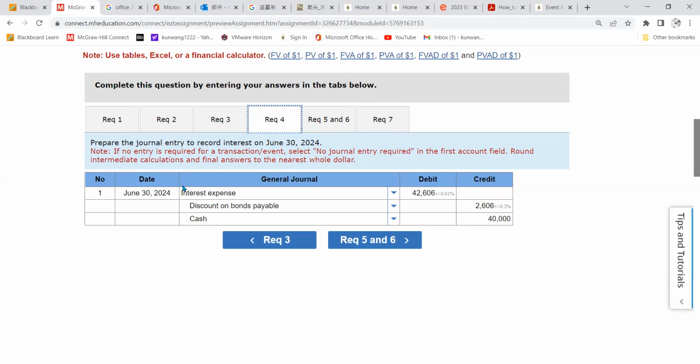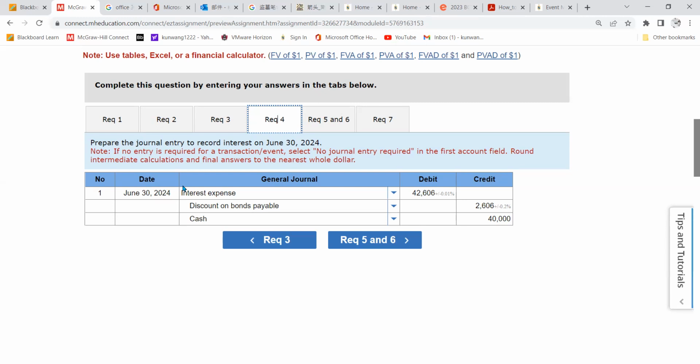One more time, if you want to review, you can think about the related journal entry for the buyer of the bond. If they receive this interest revenue from the selling company, they will recognize investment revenue or interest revenue.